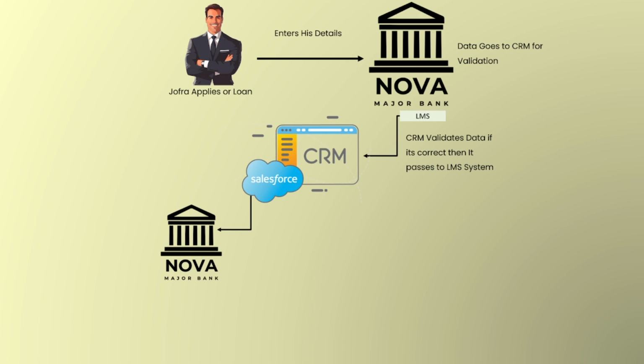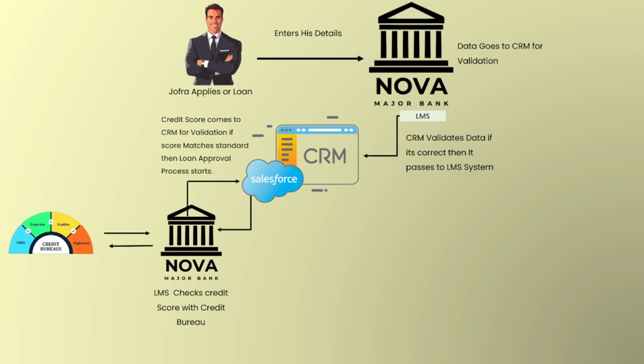Now before taking the decision, Noah Major Bank will use the system interface here. We have already seen what a system interface is. Noah Major Bank will check the credit score of Jofra. Whatever credit score comes from the credit bureau is again not stored in Noah Major Bank. Noah Major Bank is only doing the work of a receiver. It receives that data and again goes to the customer relationship management software, that is Salesforce.